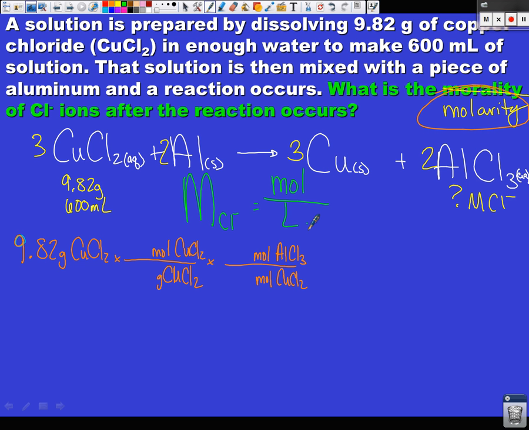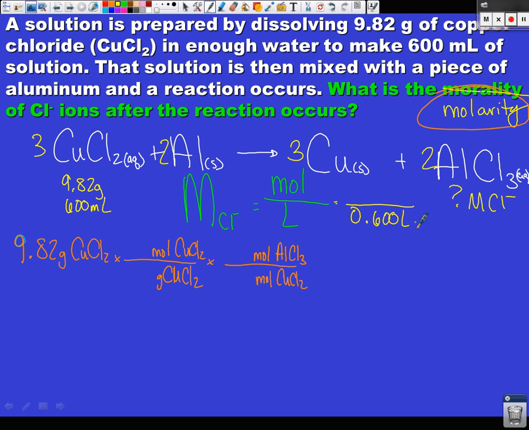Now, the easy part is the liters. How many volume units do I have up there? 1. And it is milliliters, so 0.600 liters.